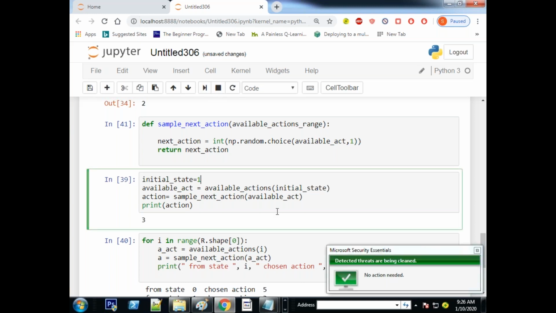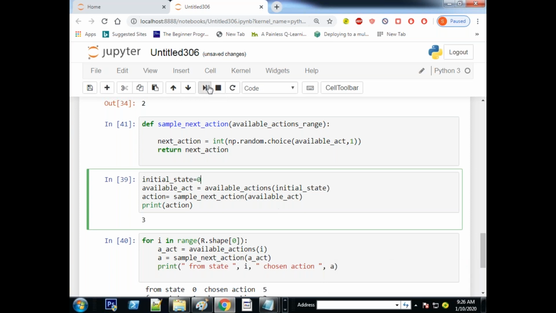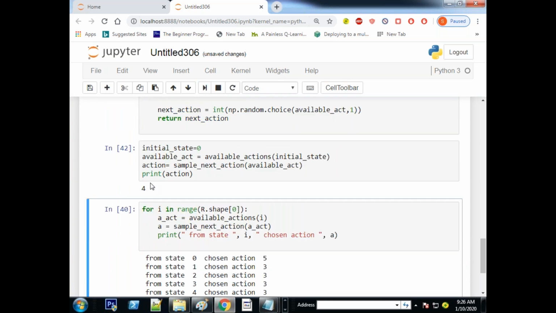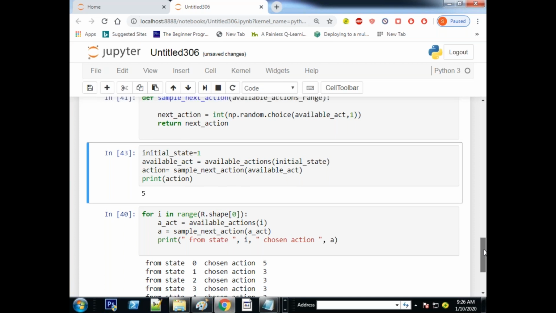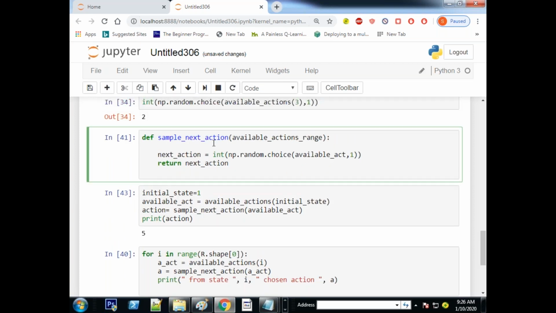Initial state 1. Let me check with 0 here. 0 means only 4 is possible, right? 1 means 1, 3 and 5. Okay, that's selected 5. Okay, it is working fine, but here the mistake. Next action equals to, here replace that.